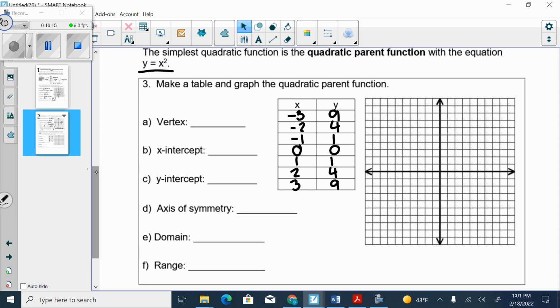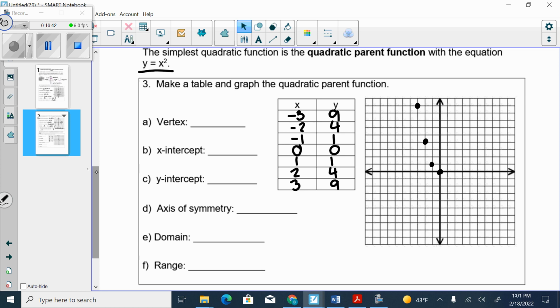Okay. So now I'm just going to take these coordinate points, come over here and plot them. So the first coordinate point I'm going to plot is at -3, 9. So I go to -3 and up 9. There's my first one. All right, next one is at -2, 4. The next point is at -1, 1. And then I have a point at 0, 0.